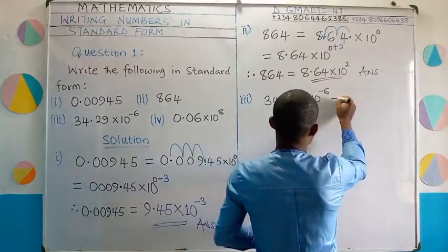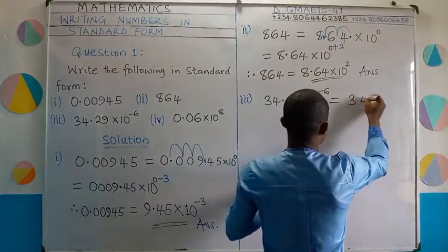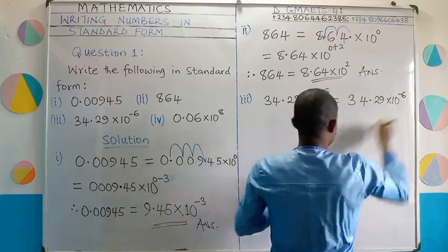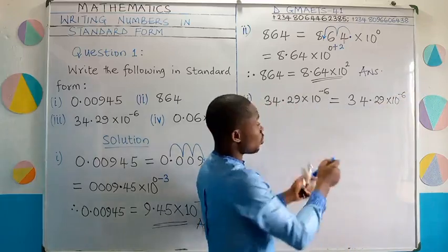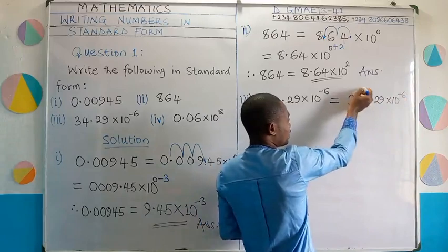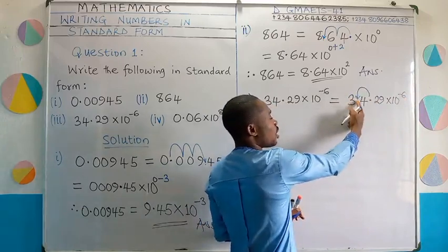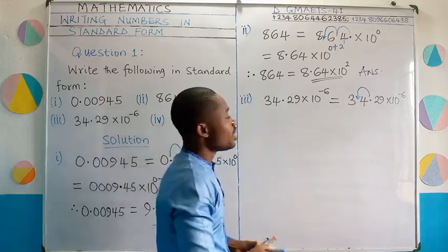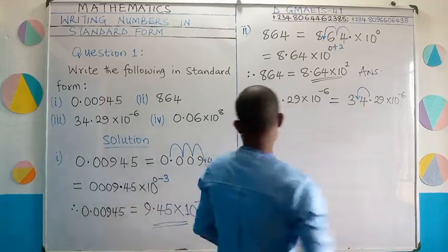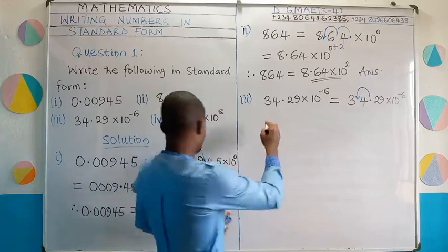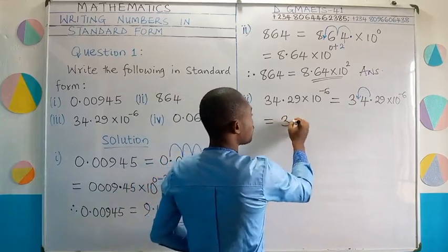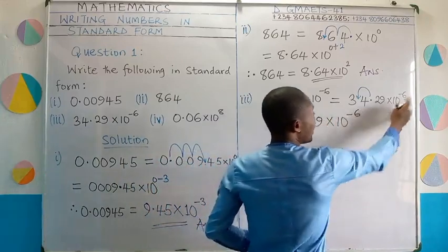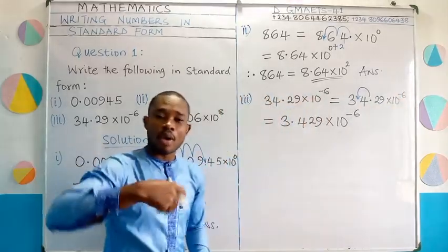Okay, so let's write it here. Equal to 34.29 times 10 raised to the power minus 6. I'm going to move the point once to the left, so that the point would come between 3 and 4. Now the whole number will just be a 1 digit number, which is 3. Because I moved this point, of course you know what is going to happen. This will now be equal to 3.429 times 10 to the power of minus 6, the power following from the question.